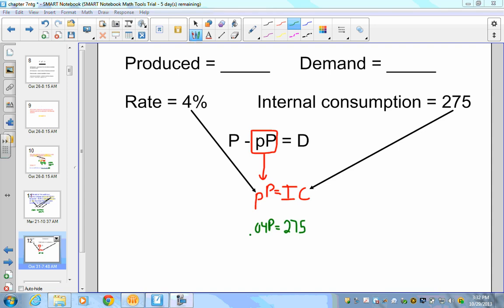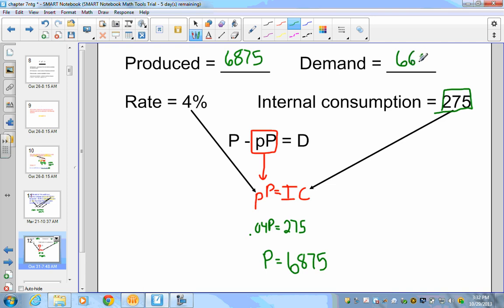And so it should look like this. So when I solve for this, it would equal 6,875 were actually produced. But here's what I want to bring to your attention. If I produce 6,875 and my internal consumption was 275, it's nothing more than a simple subtraction problem to get how many went to Walmart, so to speak, for demand, which sticks at 6,600.